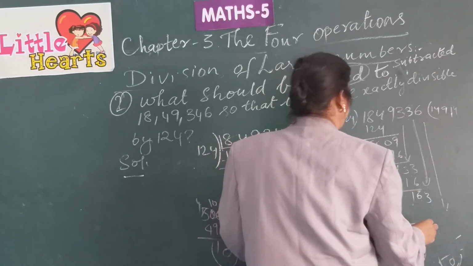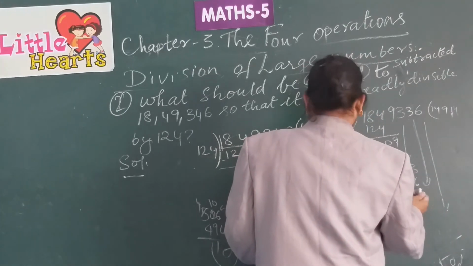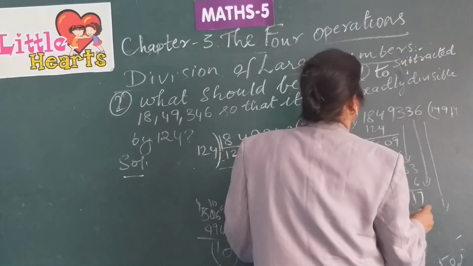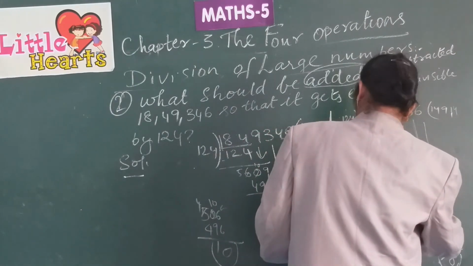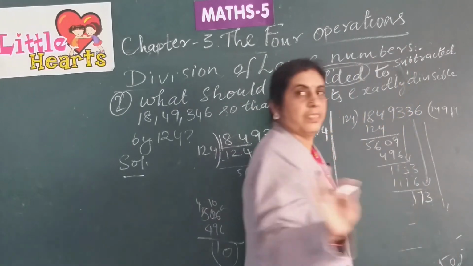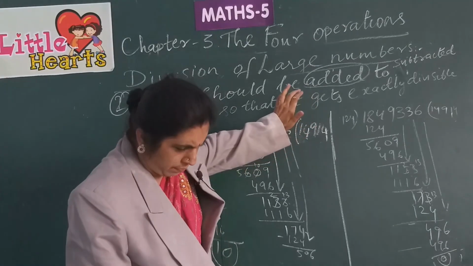116 becomes 13 minus 6 is 7. 3 minus 1, 1, 3, 8. So here the question itself is wrong in page number 54.